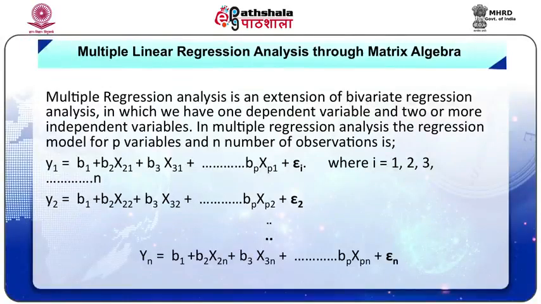In multiple regression analysis, the regression model for p variables and n number of observations is y1 is equal to b1 plus b2 x21 plus b3 x31 plus bp xp1 plus epsilon 1, where i is equal to 1, 2, 3 n. y2 is equal to b1 plus b2 x22 plus b3 x32 plus bp xp2 plus epsilon 2, and yn is equal to b1 plus b2 x2n plus b3 x3n plus bp xpn plus epsilon n.